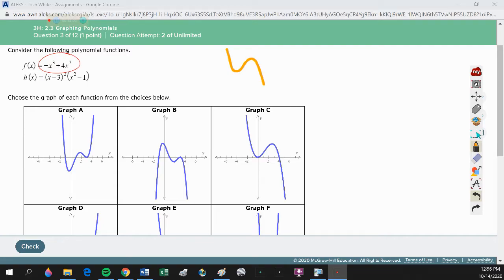The other thing you can always look at is what number is right there? If that number is a 7, then it hits the y-axis at 7. If that number is a -3, it hits the y-axis at -3.